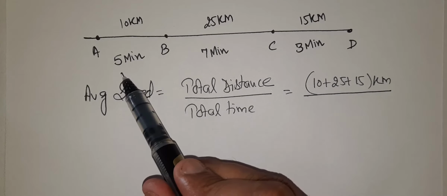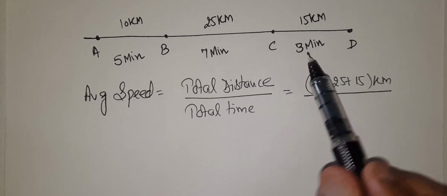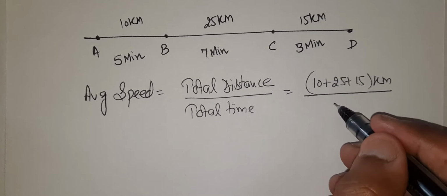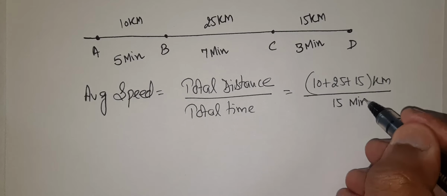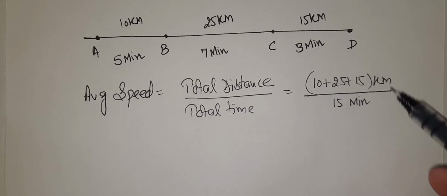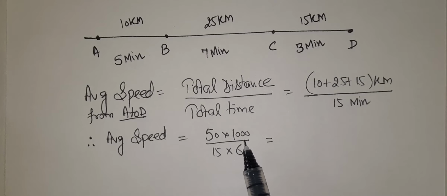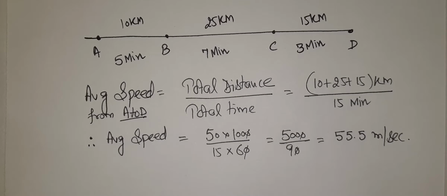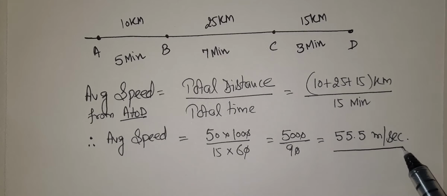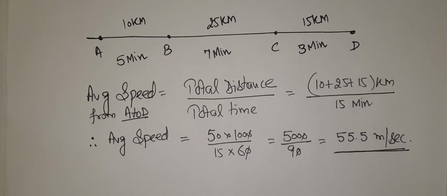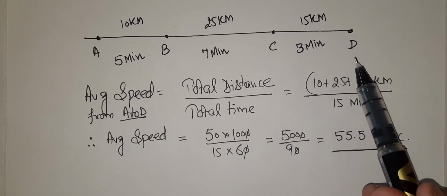Time: 5 minutes, 7 minutes and 3 minutes, so 5 plus 7 plus 3, that is 15 minutes. Now, converting kilometers into meters and minutes into seconds: multiplied by 1000 to convert into meters, multiplied by 60 to convert into seconds. Now solving further, we get 55.5 meters per second. This is the average speed from A to D.